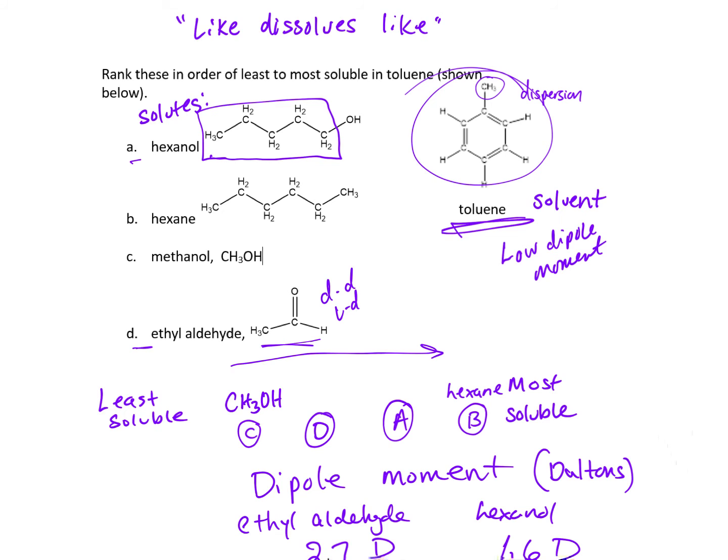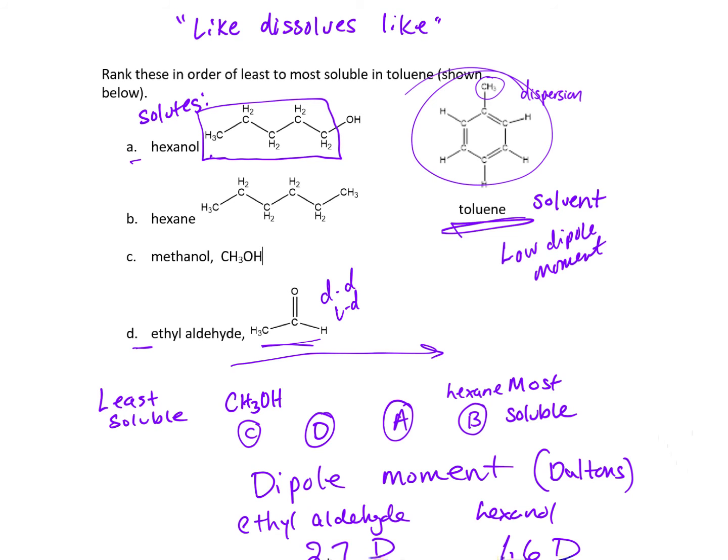So lots of CH groups on our toluene here. Lots of CH groups in our hexanol, definitely lots in our hexane. And as we have fewer of those, just looking at the structure, they become less soluble. Does that help? Yeah. And the fact that those two were confusing, I was actually glad that was confusing, because we can use data to show you why something is the way it is.